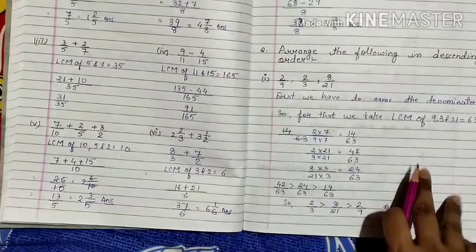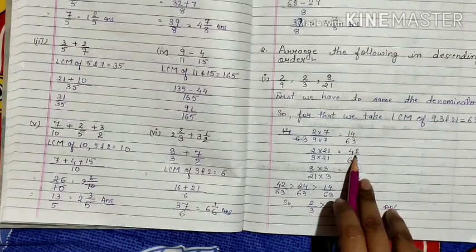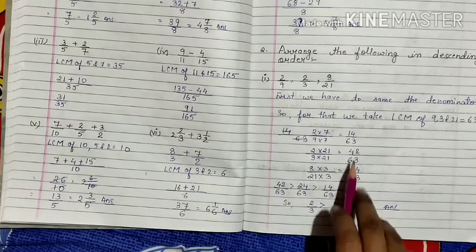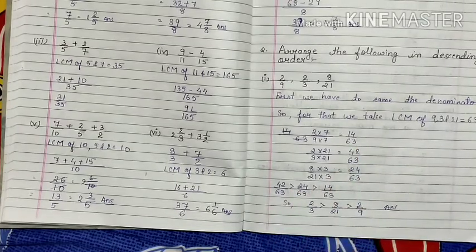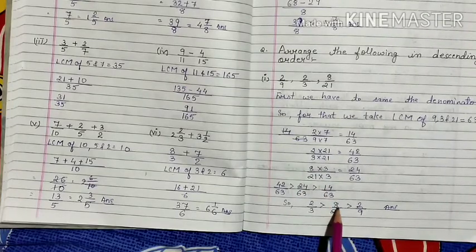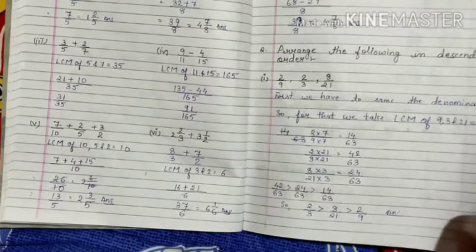So for this we have to first take the greater one. It will be 42 by 63, then 24, then 14. Now we can arrange. So the answer will be 2 by 3, because 2 by 3 is greater than 8 by 21, greater than 2 by 9. Okay.